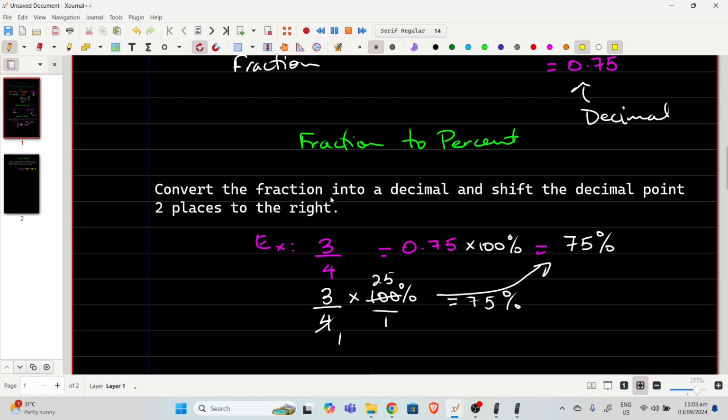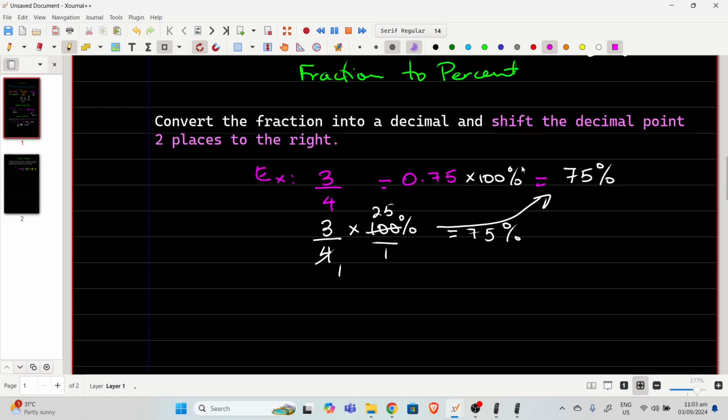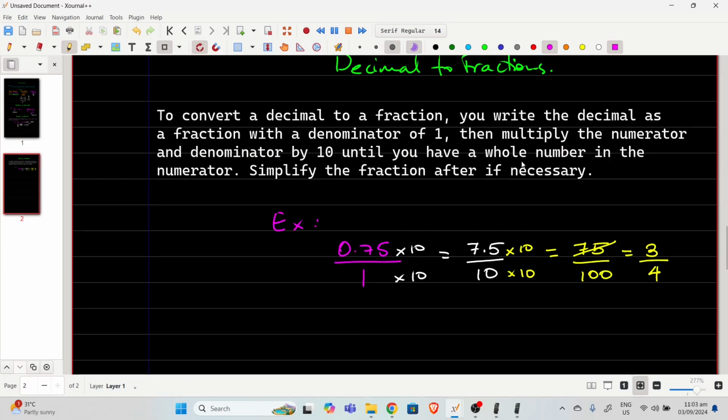So convert the fraction to decimal and shift the decimal point 2 places to the right. All I need to do now is just shift the decimal point 2 places to the right, and that will take care of my conversion from decimal to percentage.